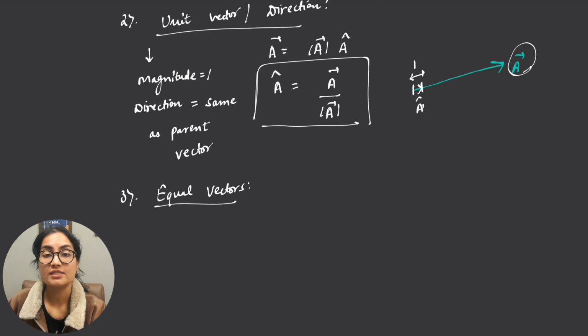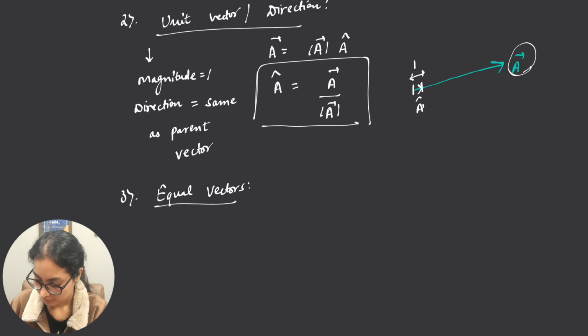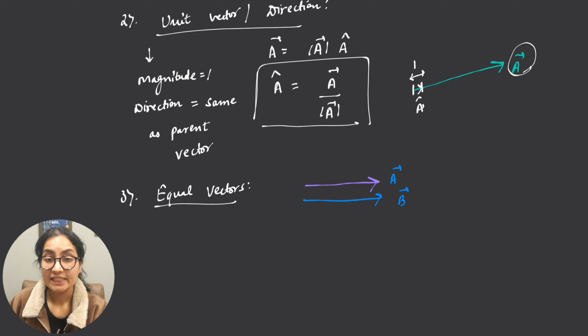Third definition is equal vectors. Two vectors are said to be equal if they have the same magnitude and direction both. For example, these are the two vectors, A vector and B vector. The lengths of these arrows are the same and they are pointing in the same direction.